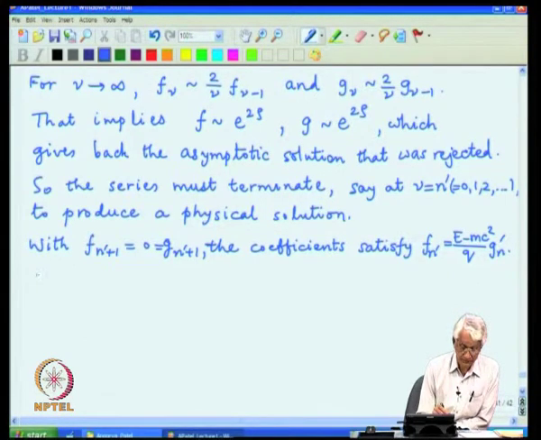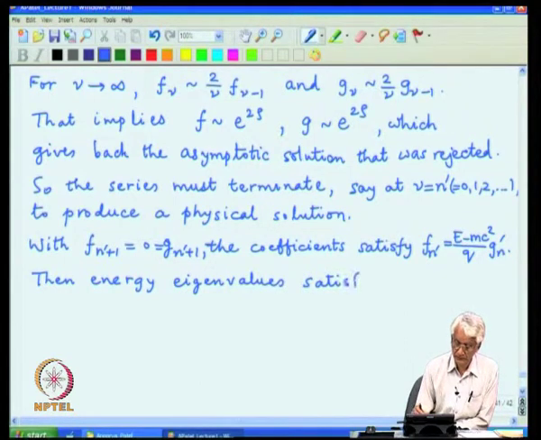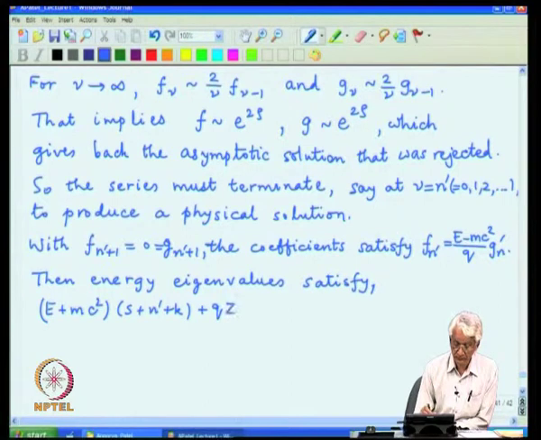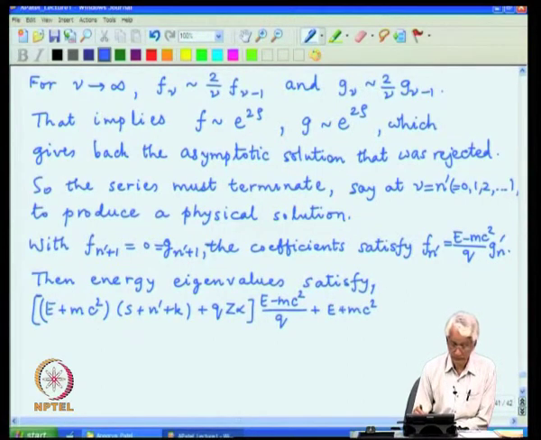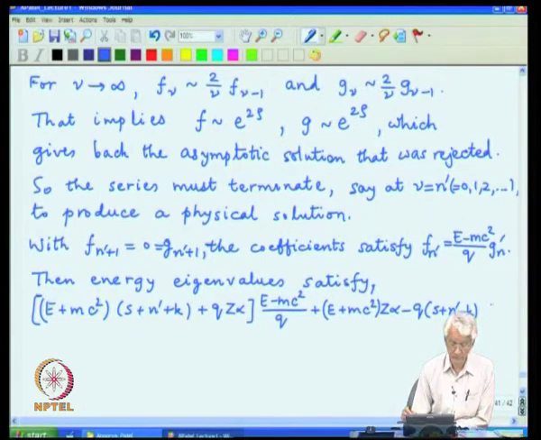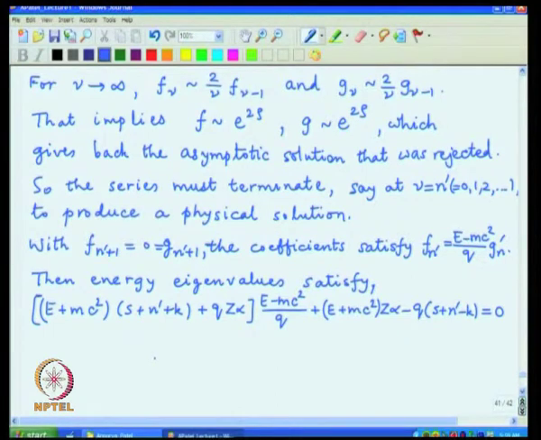Then we have the equation for the energy eigenvalues become this quantity.